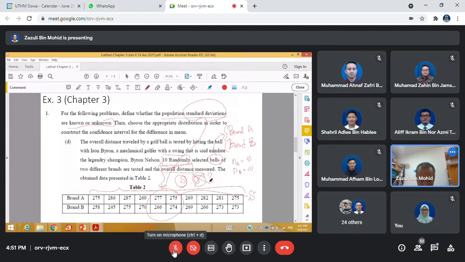So, n is less than 30 and we only have the S. We don't know the sigma. So this one, we are going to solve the problem using the T-test, T distribution. Jangan cari Z. Okay.